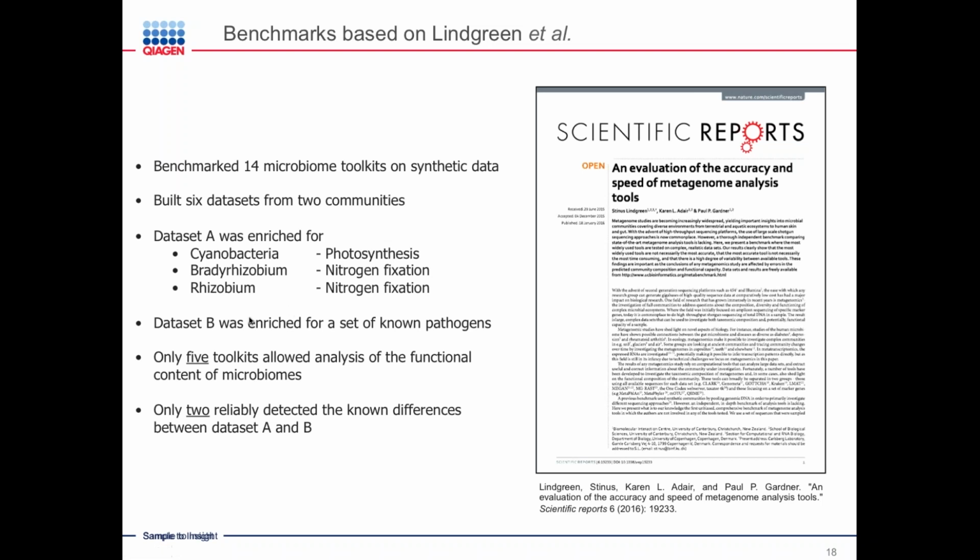So those are the different functional categories they looked at in this paper. And then they benchmarked these 14 different toolkits, and they found that only 5 of the toolkits allowed analysis of the functional content of microbiomes, and out of those 5, only 2 of the toolkits could reliably detect the known differences between dataset A and B.